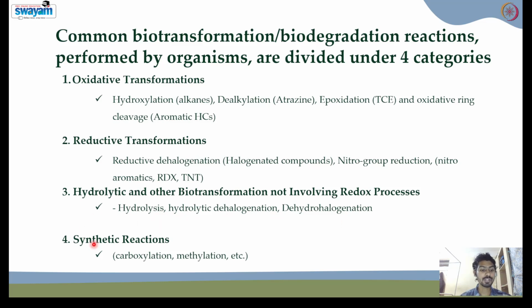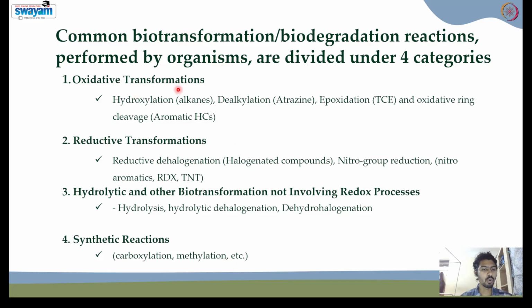And the last and most important reactions are synthetic reactions. What happens here? They act as a builder. They don't break up anything; they build new things from the organic molecules that have undergone degradation. If it adds a carboxyl group like COOH, we call it a carboxylation reaction. If it adds a methyl group, CH3, we call it methylation.